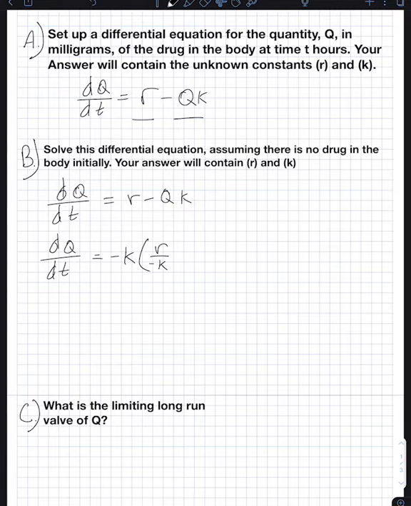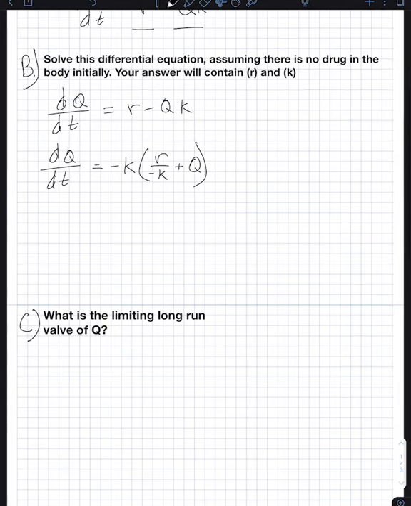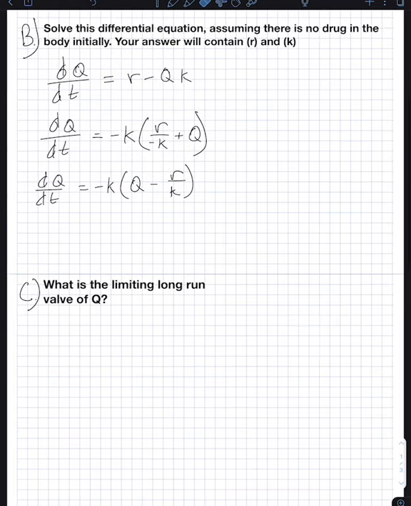Now we have a product, so I can bring Q over to the other side: divide out the R over negative k plus Q, and at the same time multiply by dt. Here I neaten things up a little. We divide over the Q minus R/k, and multiply each side by dt, resulting in dQ over Q minus R/k equals negative k dt.